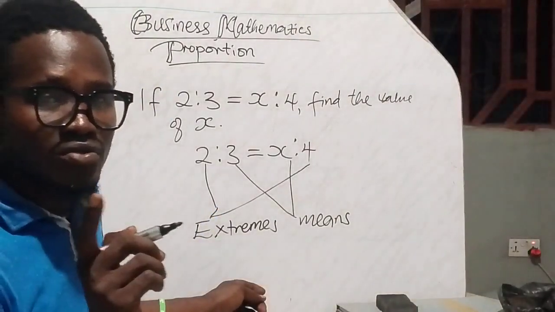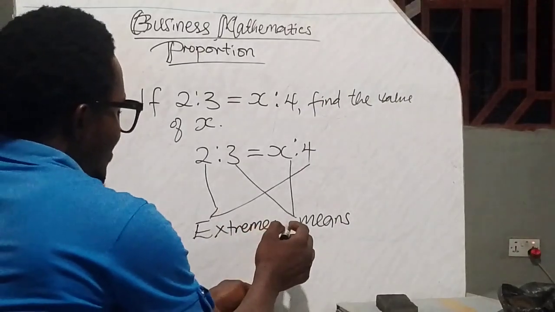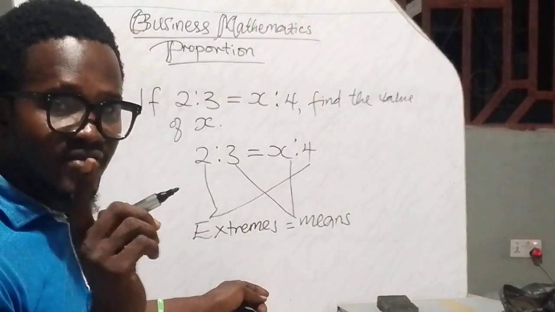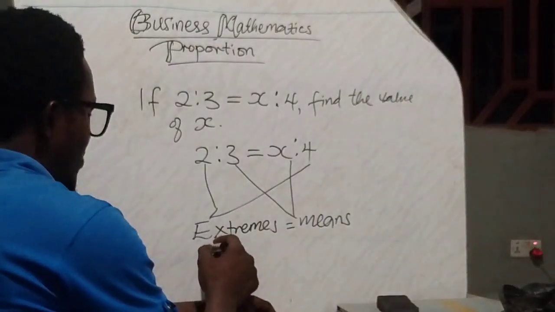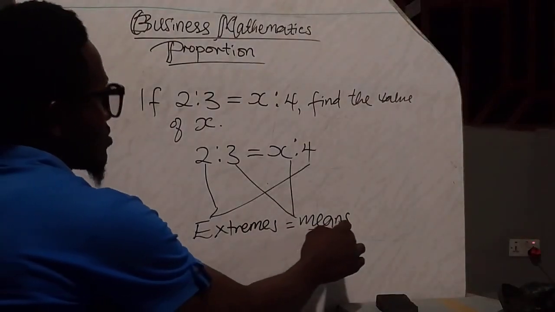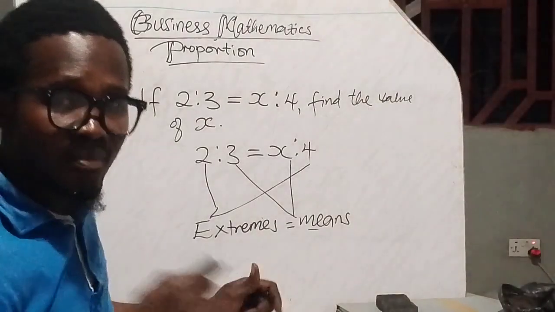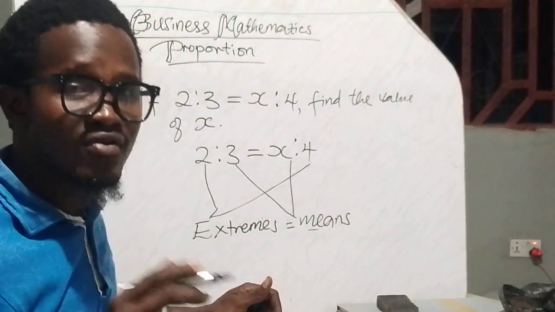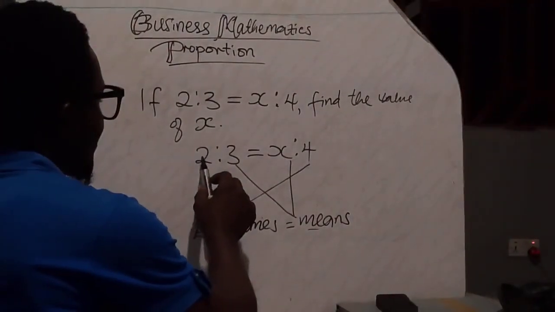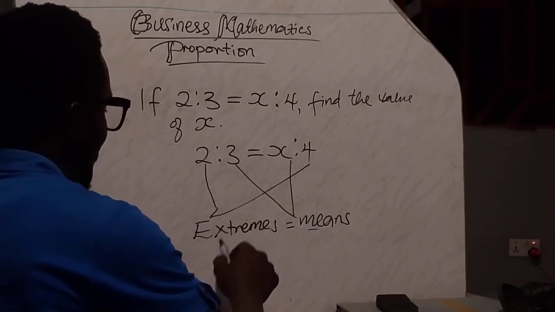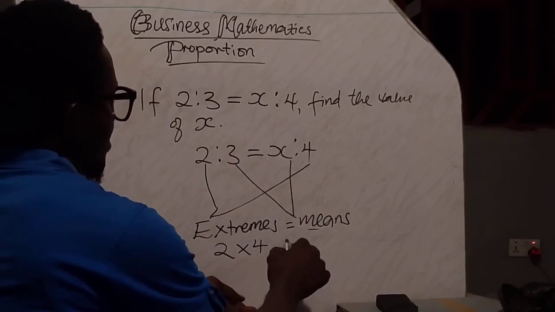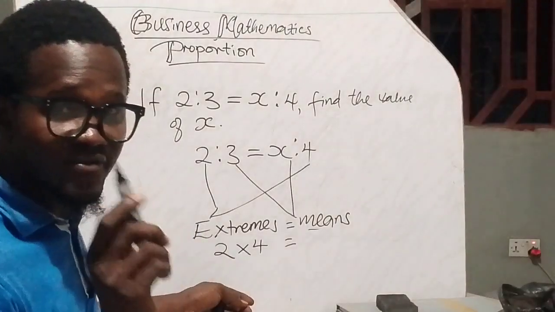So in proportion, to solve problems of proportion, take note of this. The product of the extremes is always equal to the product of the means. So now, you have this and this multiplied together, 2 times 4, equal to the product of the means.